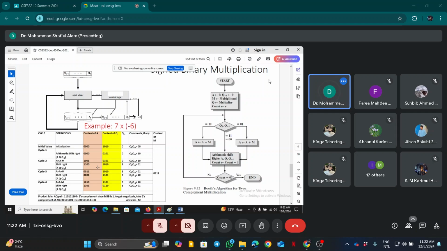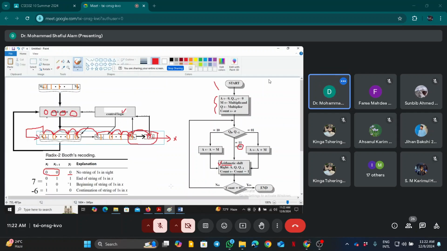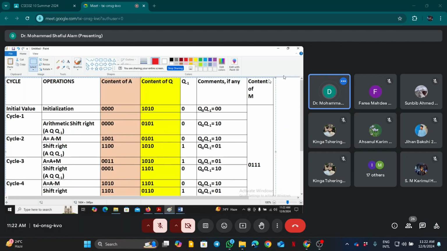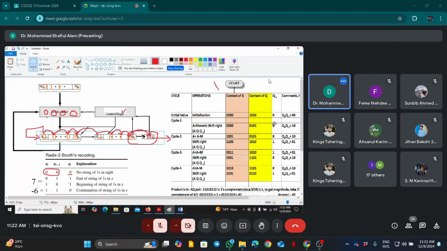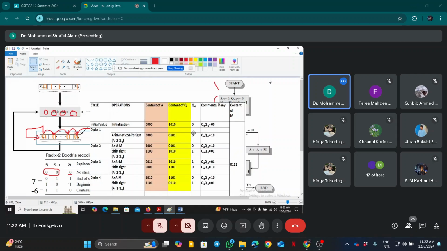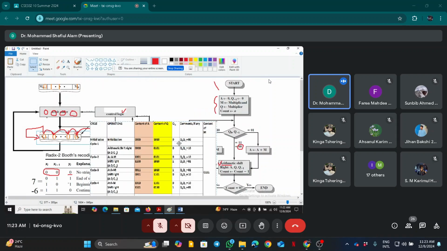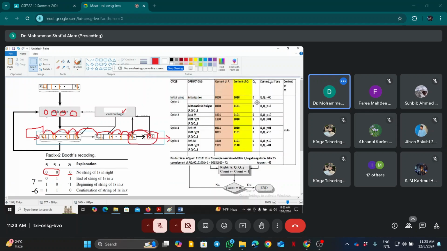You can check this table, the contents of different registers at different cycles. So this is the initialization step.